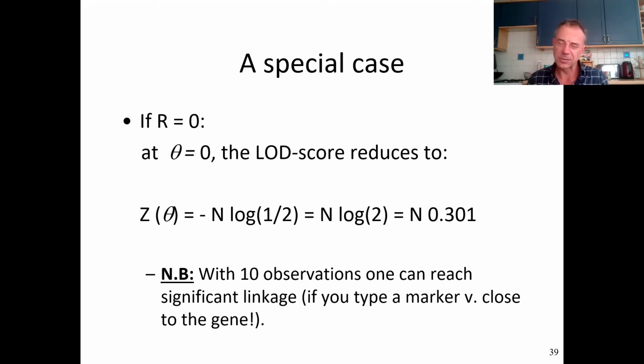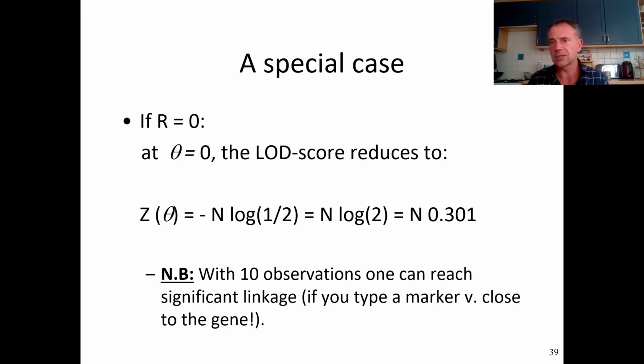So I see 10 in the sheet, they're all non-recombinant, LOD of 3. However, the probability of observing that is not 0.00001, which is what I said asymptotically applies to a LOD of 3. In fact, you can work it out. It's 1 over 2 to the power of 10, and 2 to the power of 10 is about 1,000, and 1 over 1,000 is 0.001.